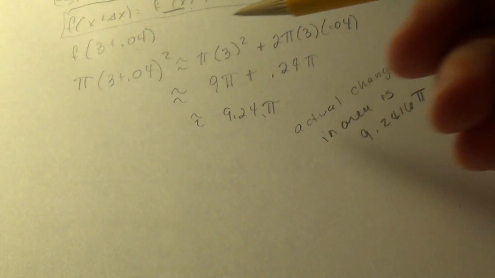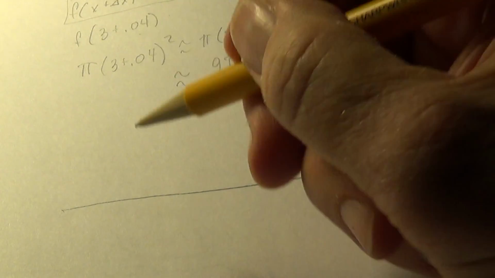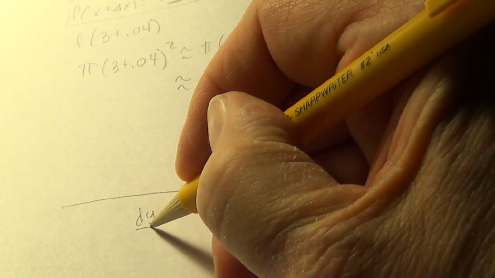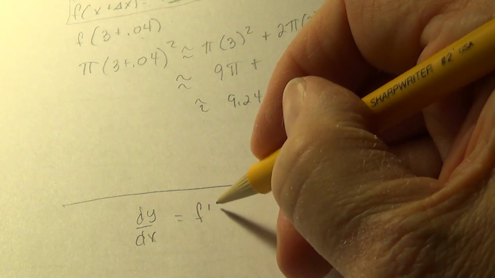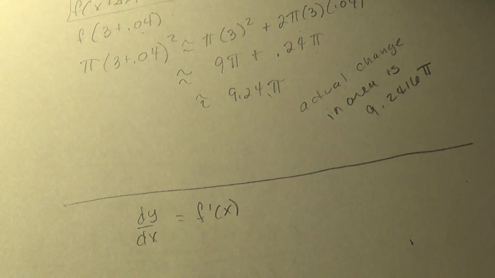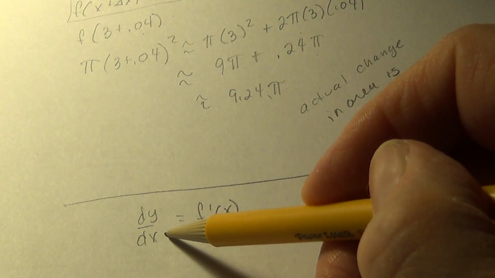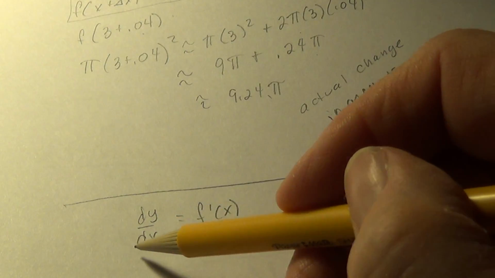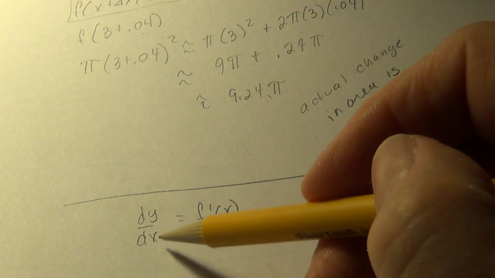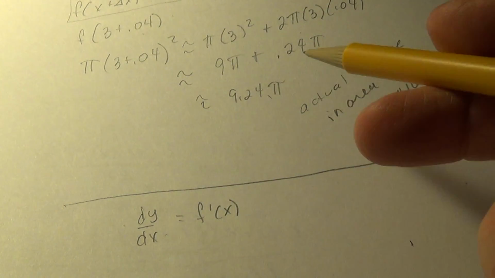And now another one. All right, so we have seen dy dx can be written as f prime of x. But if thinking of this again as a very small change in x, I can actually use dx in an algebraic way. So I'm going to multiply through by dx.